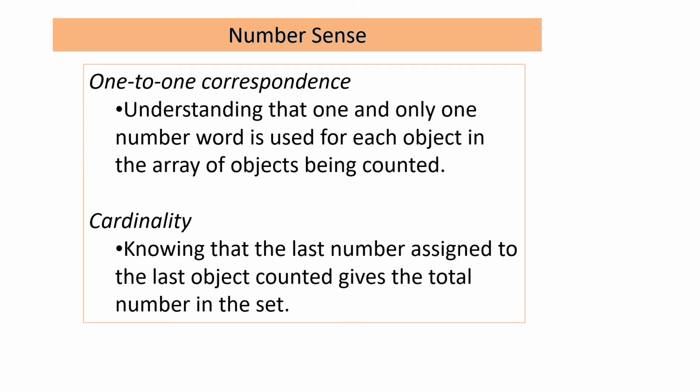And so one-to-one correspondence is understanding that one and only one number is used for each object in the array of objects being counted. And cardinality is knowing that the last number assigned to the last object counted gives the total number of the set.